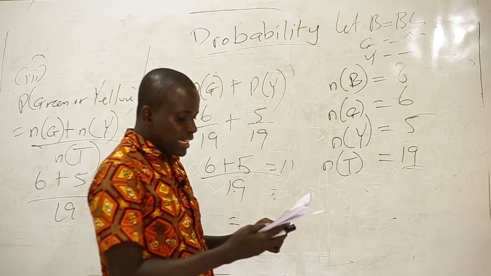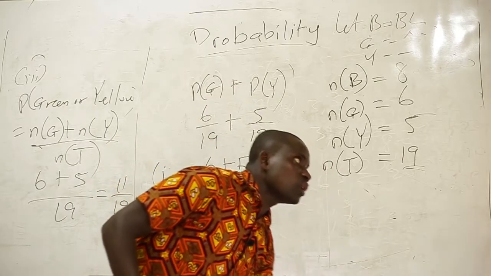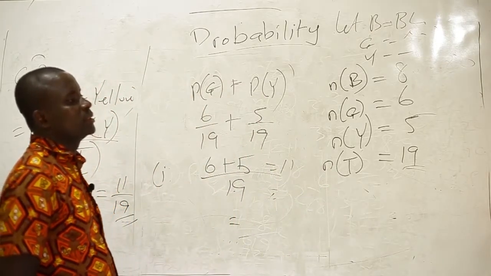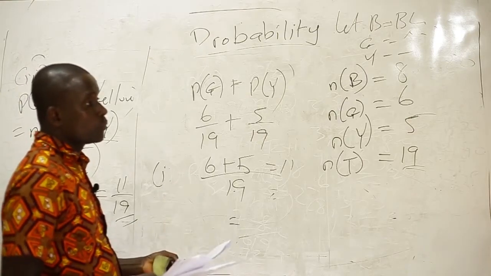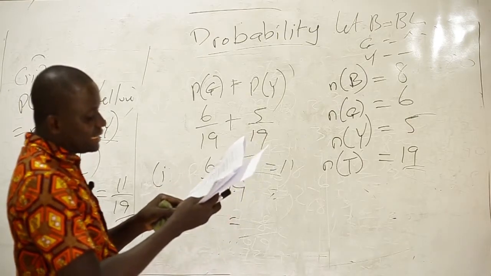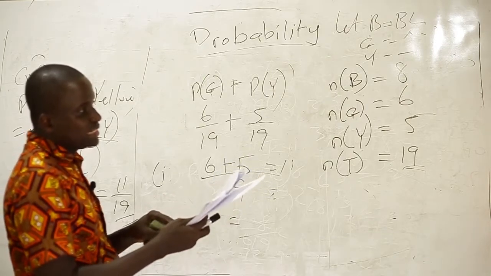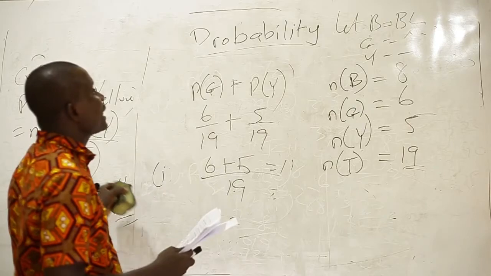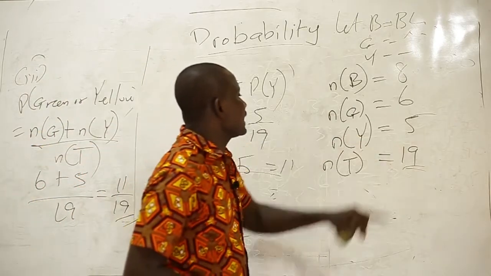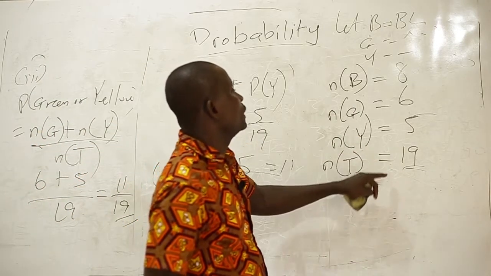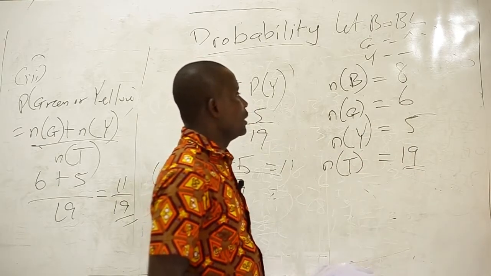Then it says neither green nor blue. So if it is neither green nor blue, it is yellow. So how do you do it? You can add green and blue. What is N green? N green is 6. N yellow is 5. So you add this to this, then you get 11.